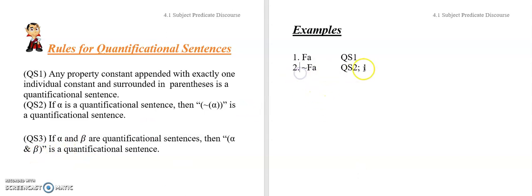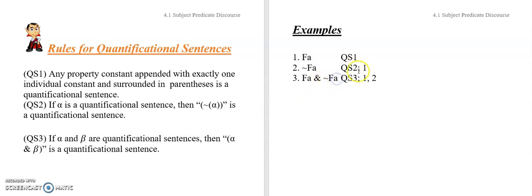So now that you've got these two things, you could write FA and not FA. Doesn't matter if that's a contradiction. We're talking about how to form the sentences correctly. That's a quantificational sentence by QS3 applied to lines 1 and 2.